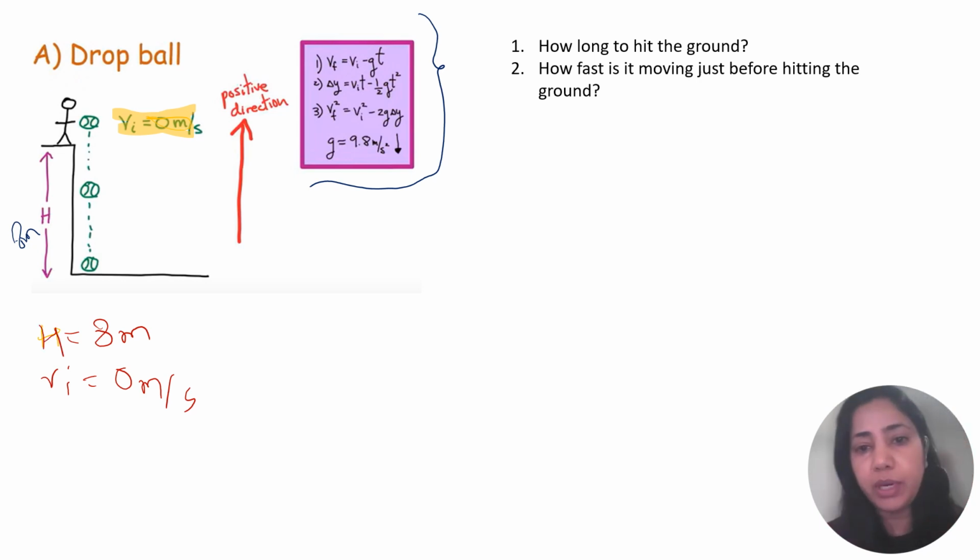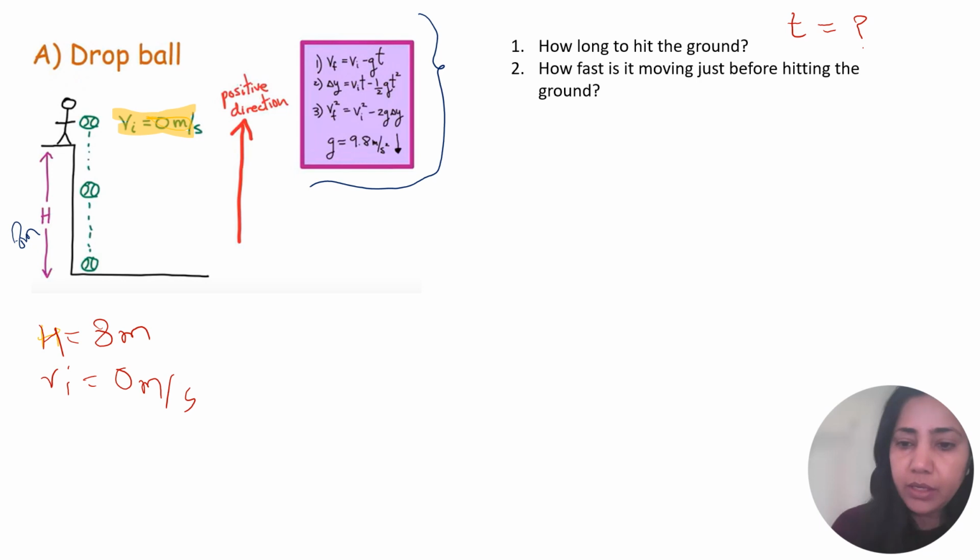Suppose the first part asks how long the ball takes to hit the ground. What is the unknown in this part? The unknown is t. Now we need to see which of these three equations we can use. The first equation says final velocity equals vi minus gt. But in our given data, we don't have a final velocity.